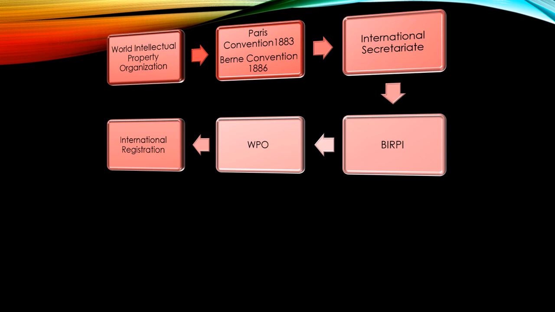So WIPO facilitates international registration by creating one specific window, where you apply in one particular language. In different countries you have to apply in different languages, but through this system you have to apply only once and only in one language, and they will facilitate you to get multiple intellectual property rights in multiple countries.